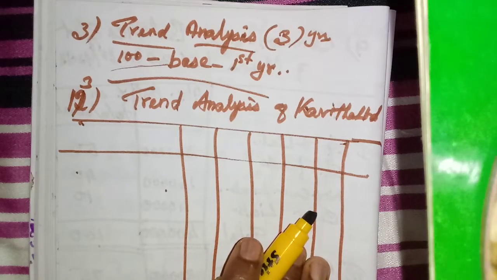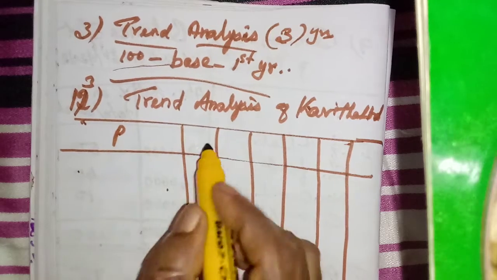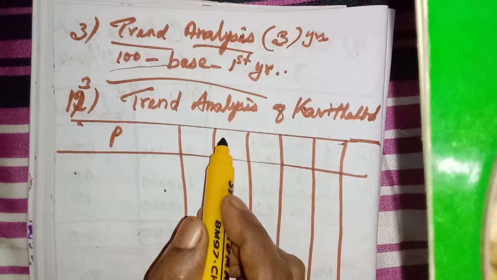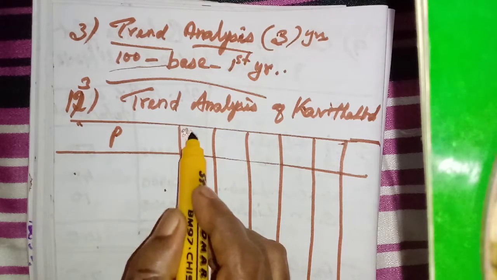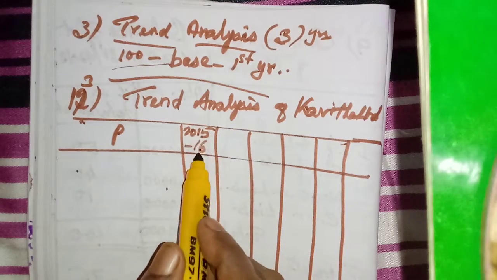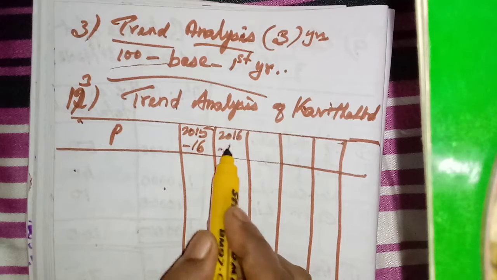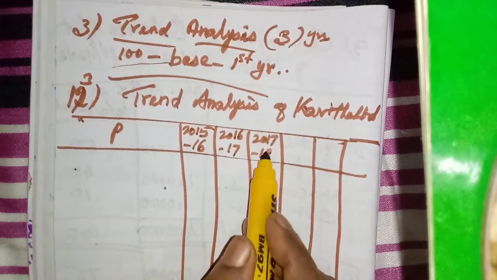So write particulars, then year: 2015-16, 2016-17, 2017-18.